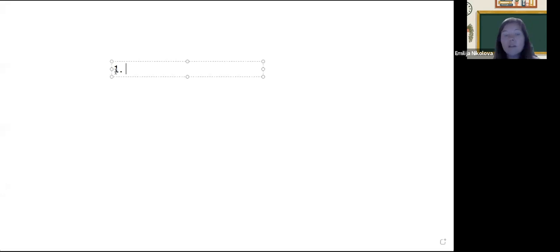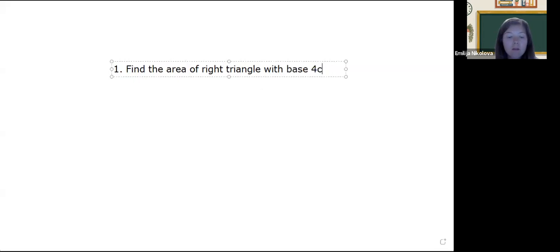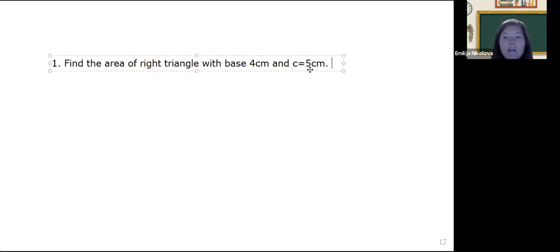So the first one is we need to find the area of a right triangle with base 4 centimeters and hypotenuse c equals 5 centimeters. So we need to find the area of the right triangle given the base and hypotenuse c. And this is the first one.